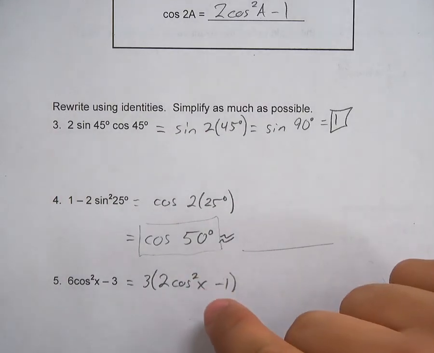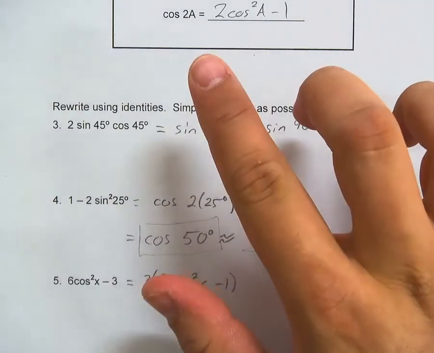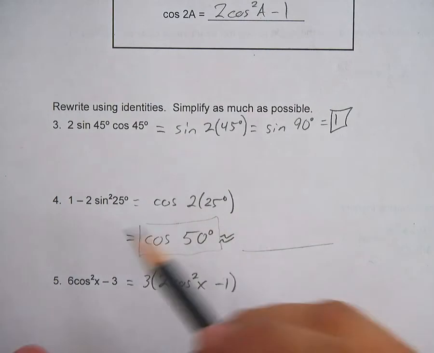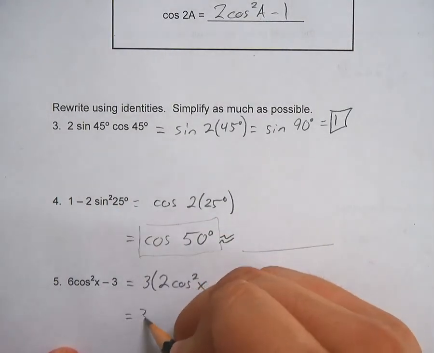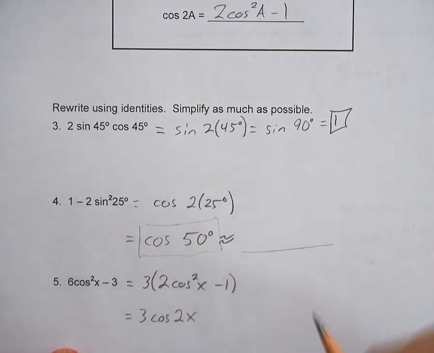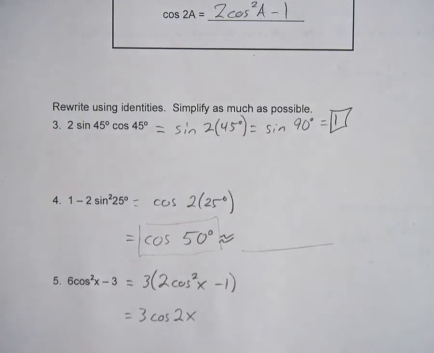Well, 2 cosine squared x minus 1 goes to cosine of 2a, which in this case is cosine of 2x. So that's going to simplify to be 3 cosine of 2x. Now, unfortunately, I can't go any farther than that because I have an x here and not an actual angle.